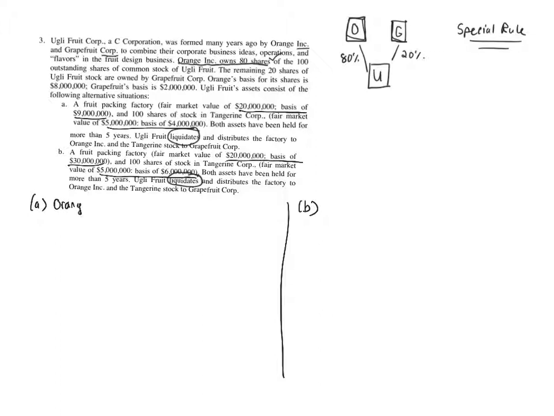So orange is the parent. Orange is the easiest of the three. Whenever you have a parent corporation in a liquidation, no gain or loss recognized. Same as A for that part. The adjusted basis equals carryover.